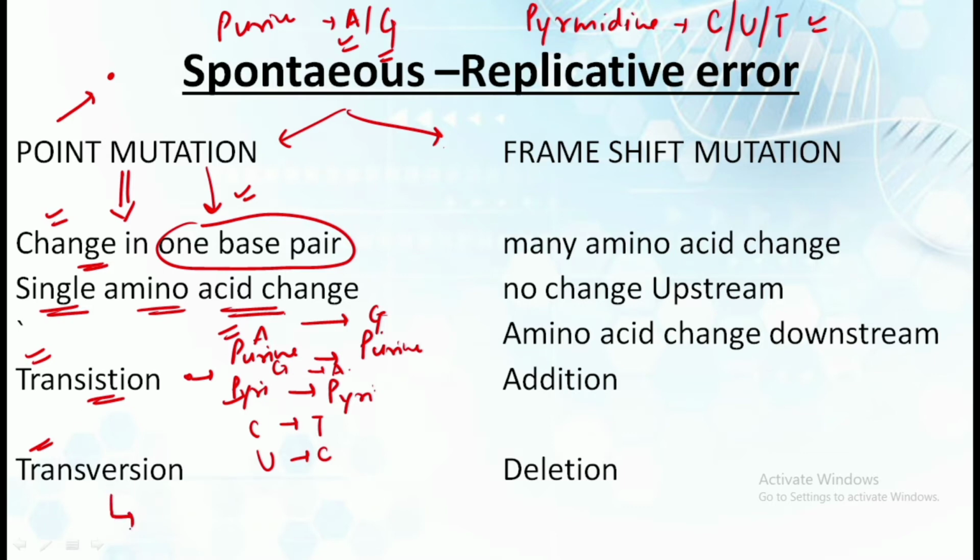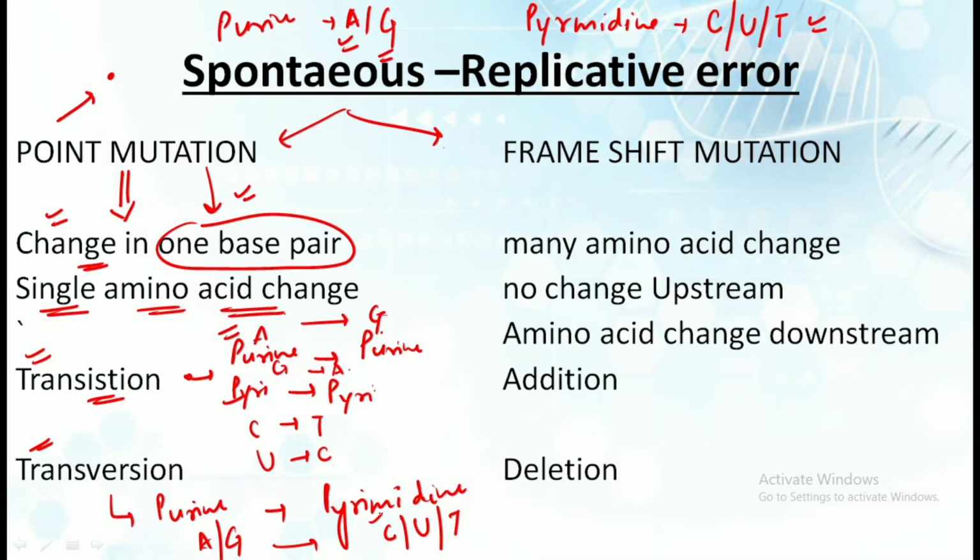And when a transversion occurs, a purine gets converted into a pyrimidine, that is, when A or G gets converted into C, U or T, that is cytosine, thymine or uracil. How do they get converted? They get converted because of changes in their molecular structure. There occurs some change in the pattern of their molecular structure which leads to the transition or transversion.